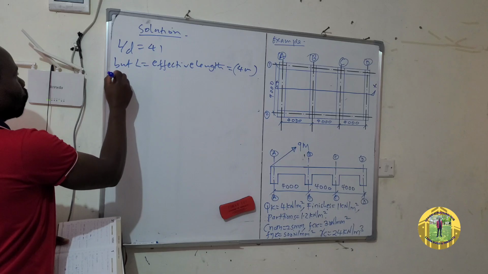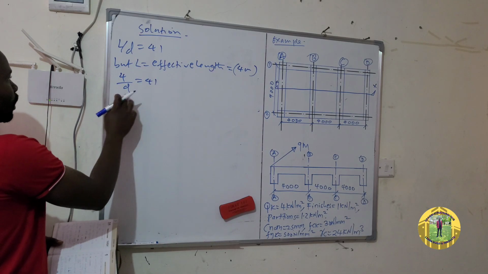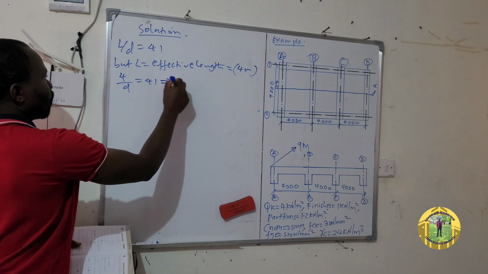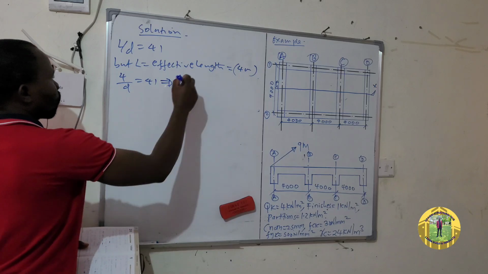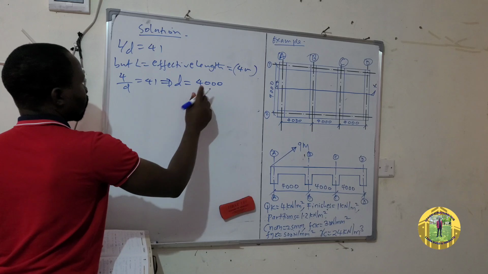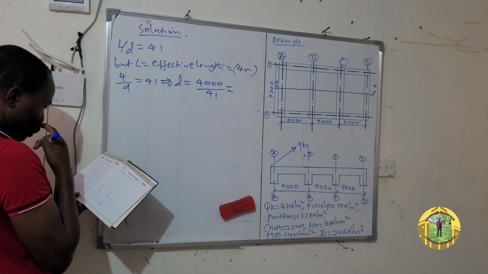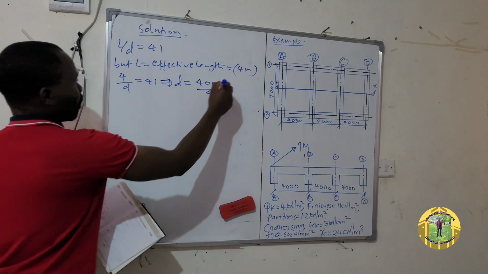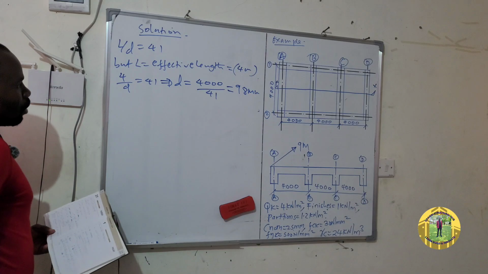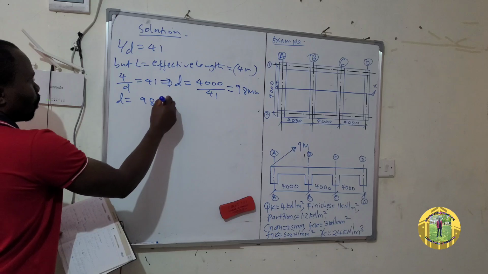So L, which is 4, over D is equal to 41. You can easily get D by making D the subject of the formula, which implies D is equal to 4 meters all over 41, which is equal to 98 millimeters. So 98 millimeters is our D.